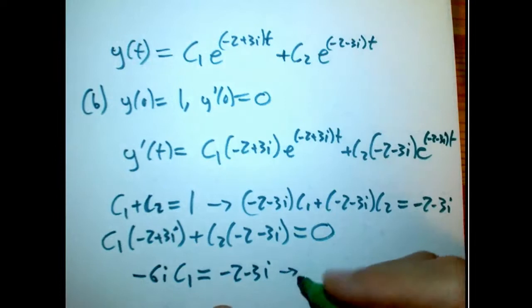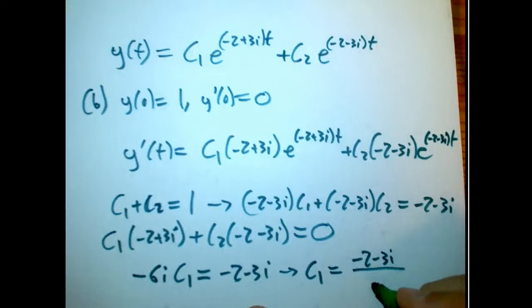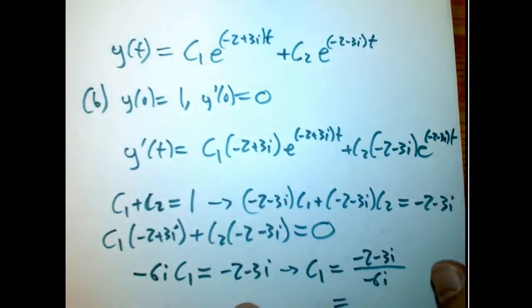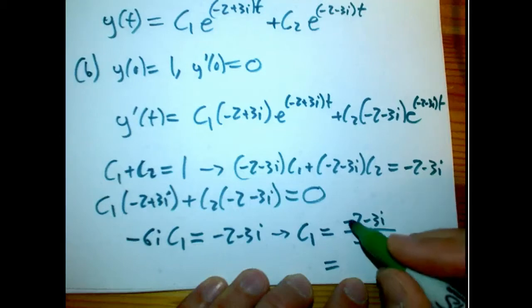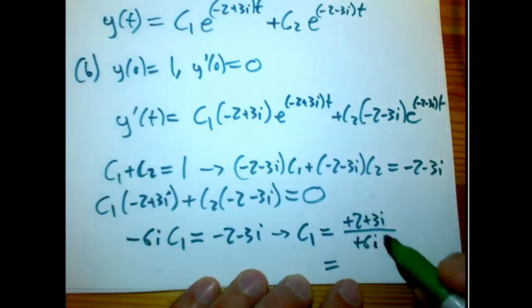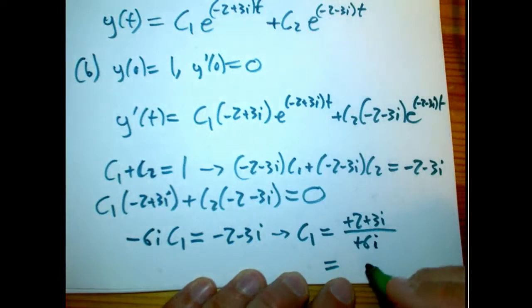Okay, and so C1 is minus 2 minus 3i over minus 6i. We can simplify that. The minus signs all cancel. Now dividing by i is the same thing as multiplying by minus i.